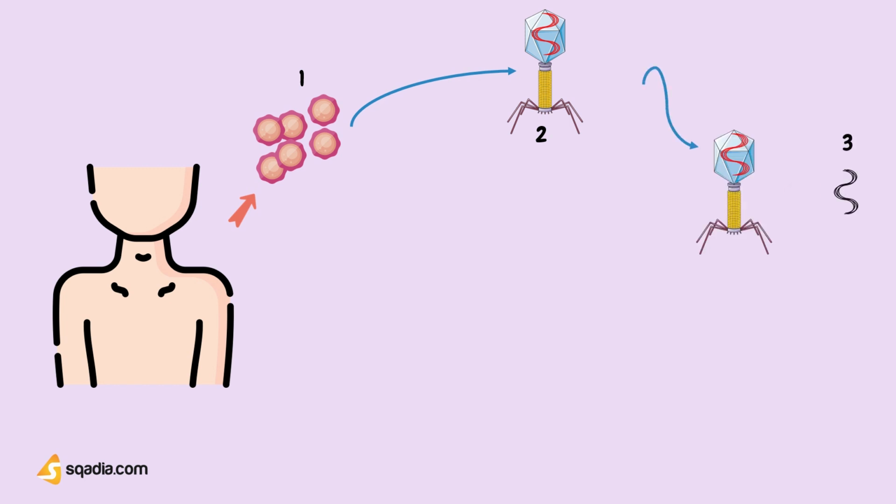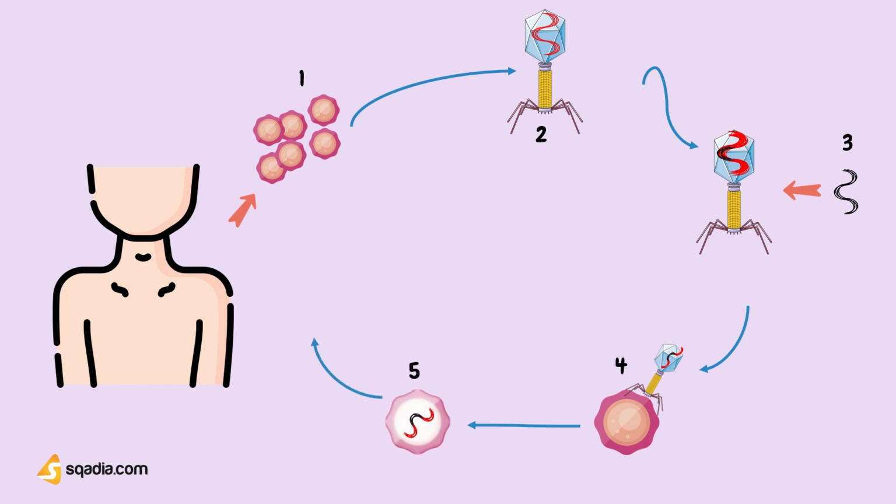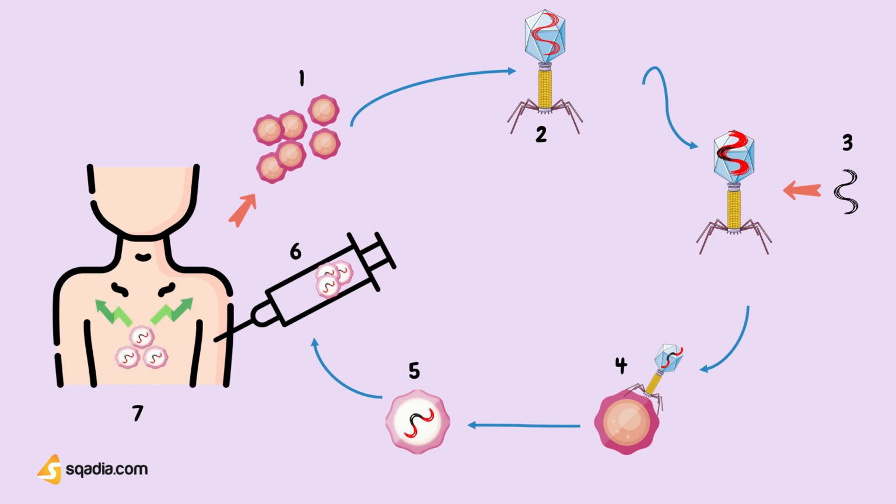A gene is inserted into the virus. The altered virus is mixed with cells of the patient. Cells become transgenic. Altered cells are injected into the body of the patient, and finally the altered cells produce the desired proteins.